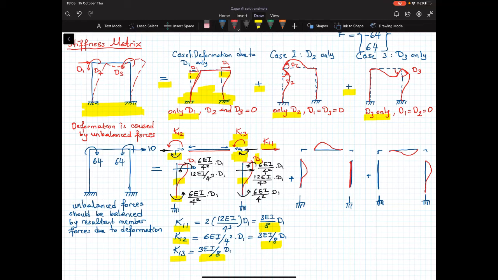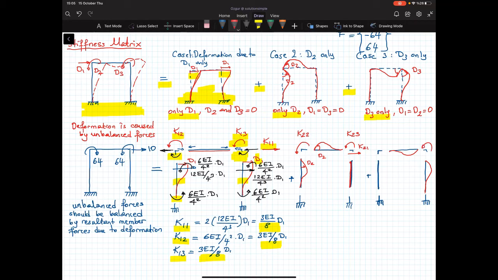So in order to generate that deformed shape for the second case, I have to apply K22. K22 will create a rotation that's equal to D2. I have to apply K23 to keep the rotation equal to 0, and K21 to keep the translation equal to 0. The same logic applies in the third case.